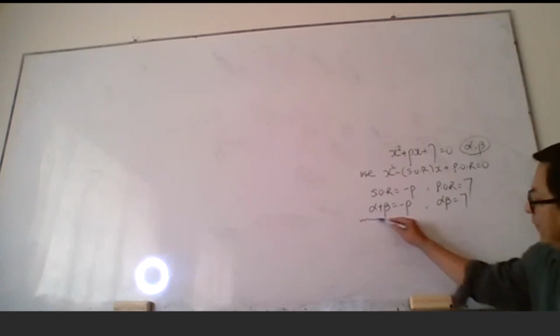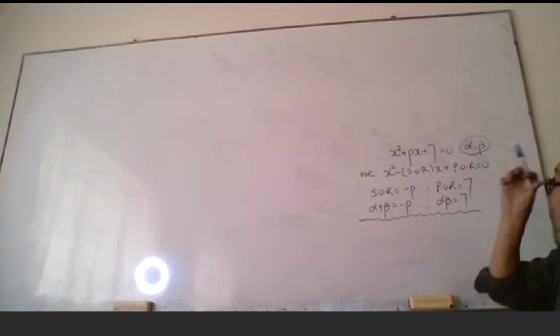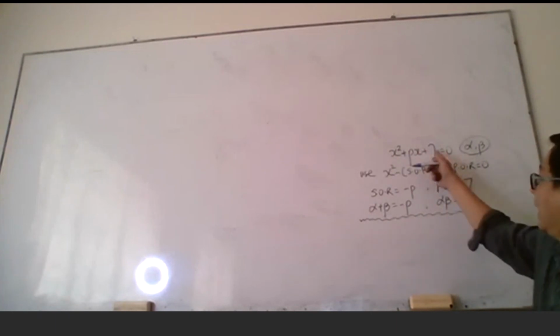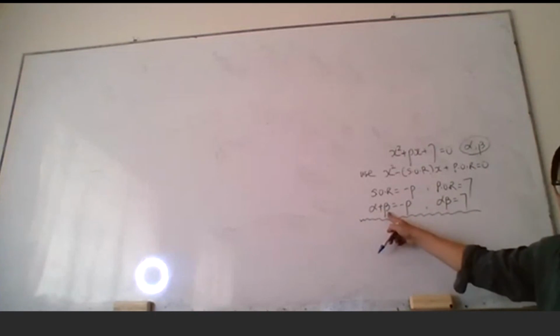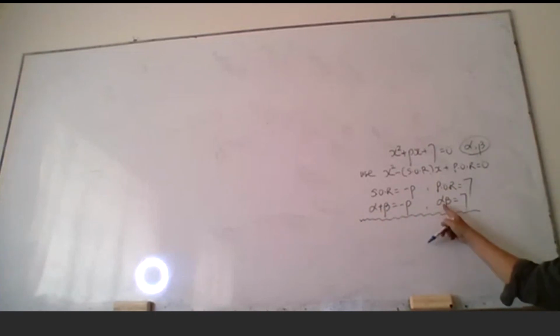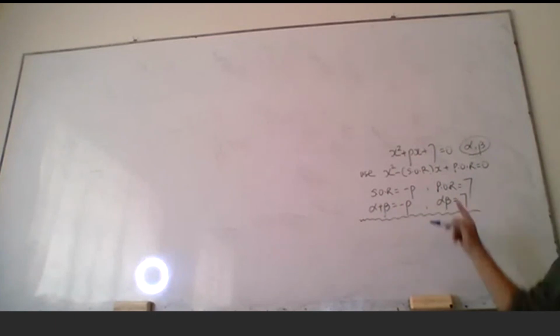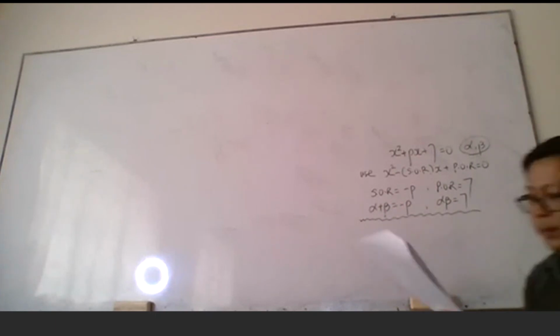So I have this information in hand. From the quadratic equation, I can determine alpha plus beta and alpha times beta, the sum of the roots and the product of the roots.